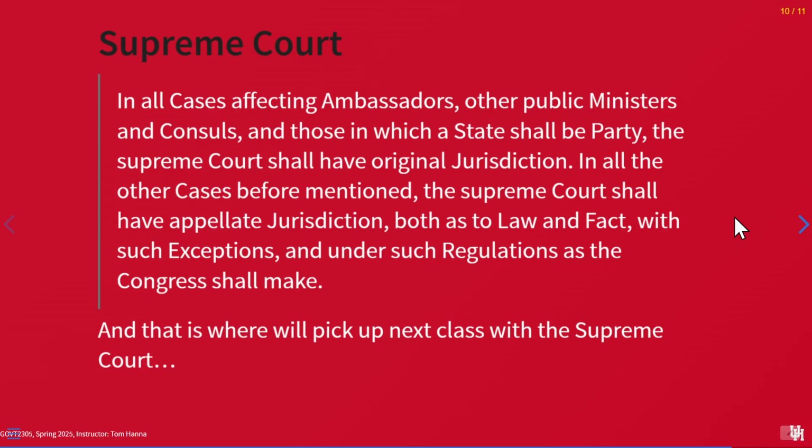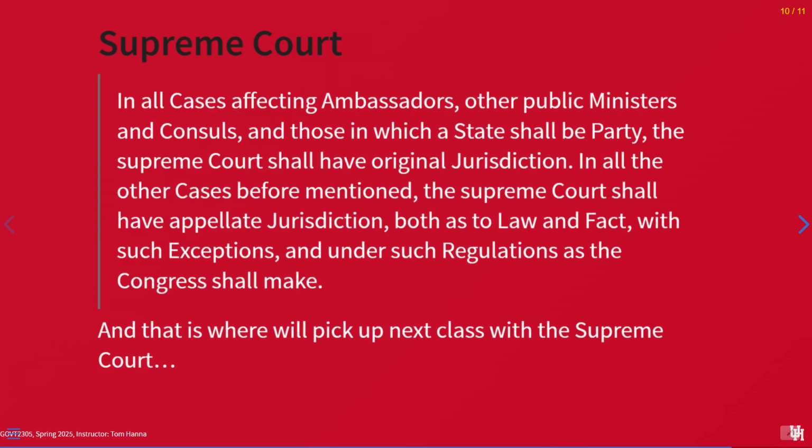So back to where these jurisdictions come from, the original and appellate jurisdiction. The Supreme Court has jurisdiction in all cases affecting ambassadors, other public ministers, and consuls. So basically, the representatives of foreign governments who are here working for their own government. Also, those in which a state shall be party.